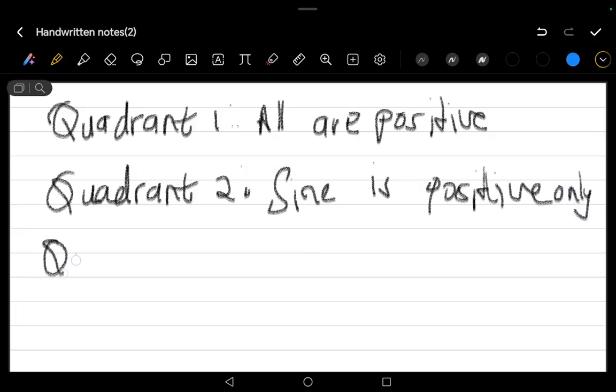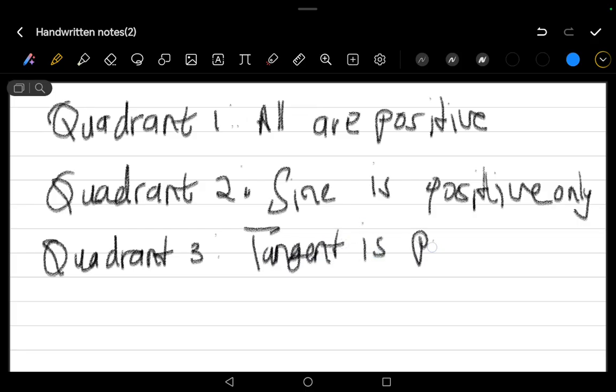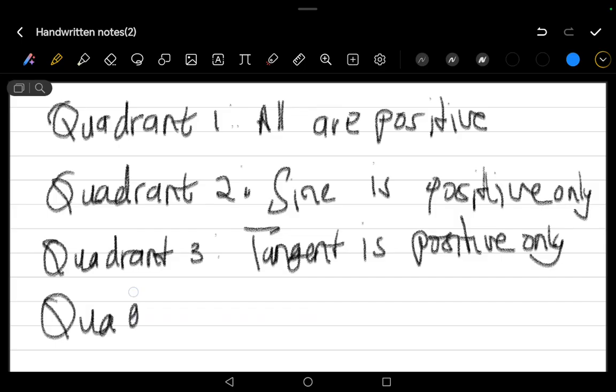And then quadrant 3, tangent, it's positive only. And then the last quadrant, only cosine, it's positive.